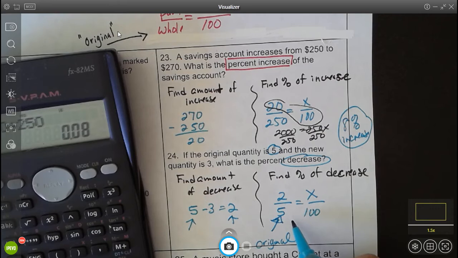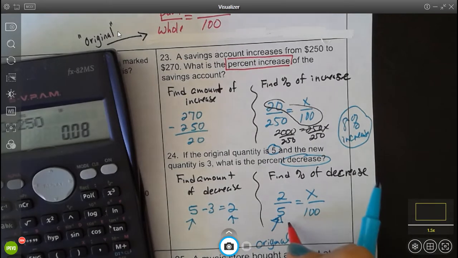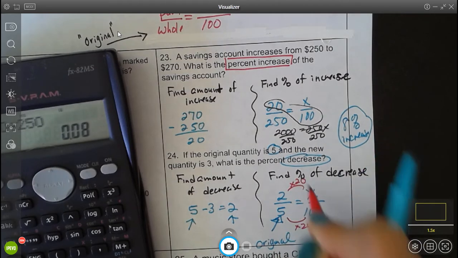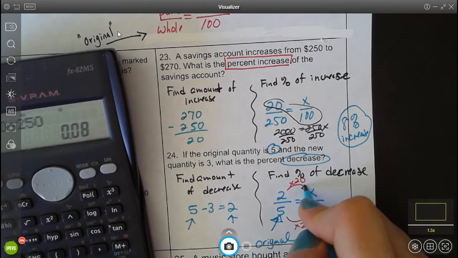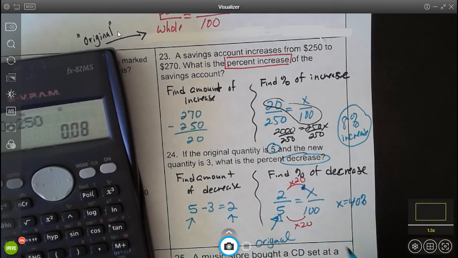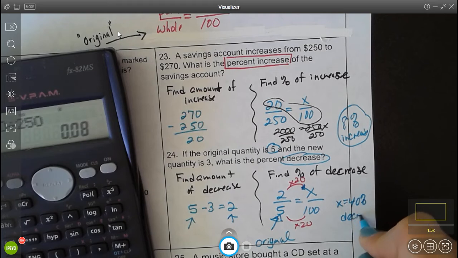And then this would lend itself to swooping well. This is timesing by 20. You could cross multiply and times by 20. And so this would be a 40% decrease. Okay.